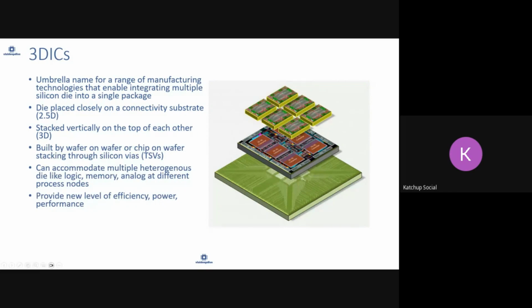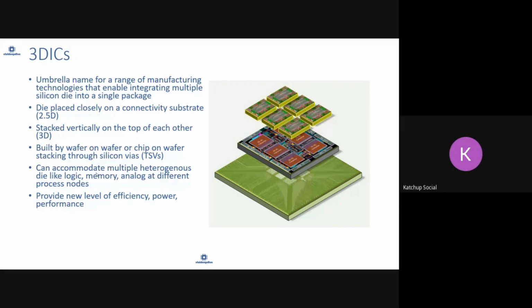In 2.5D, dies are placed closely on a connectivity substrate, but horizontally. In 3D technology, the dies are stacked vertically, on top of each other. This is built by what is known as wafer on wafer or chip on wafer, and connectivity is done through through silicon vias, known as TSVs, and we'll see an image on that.